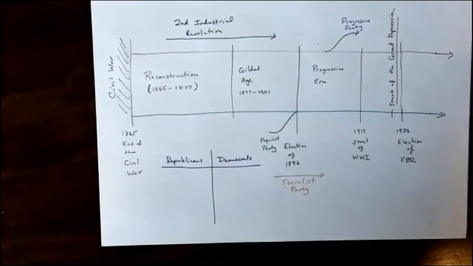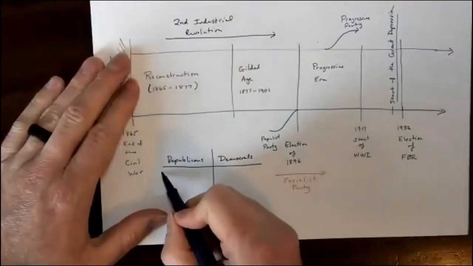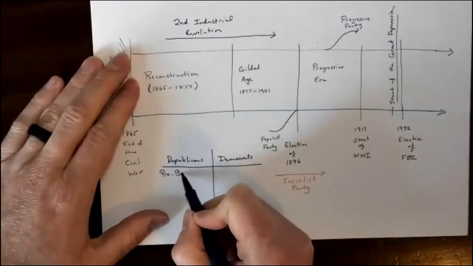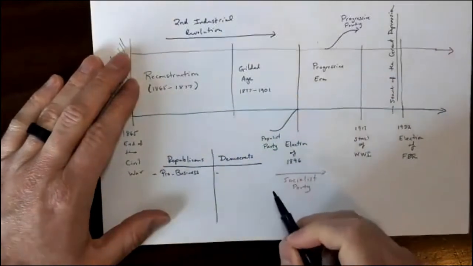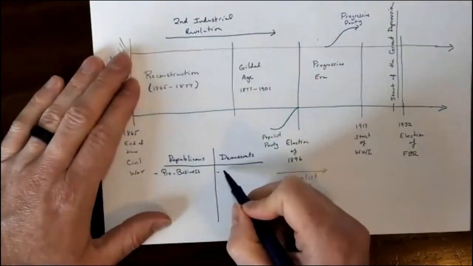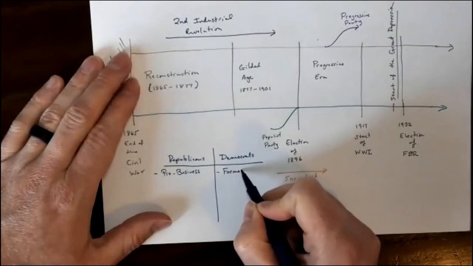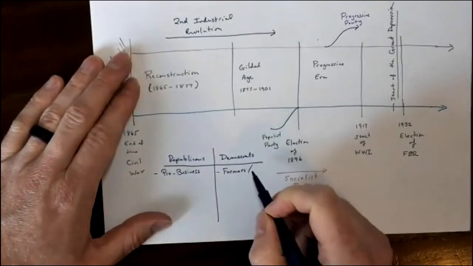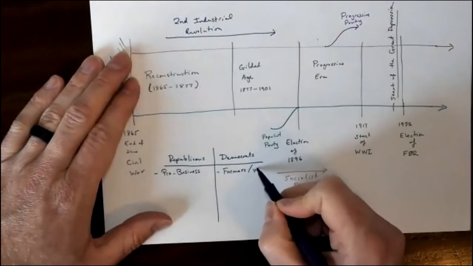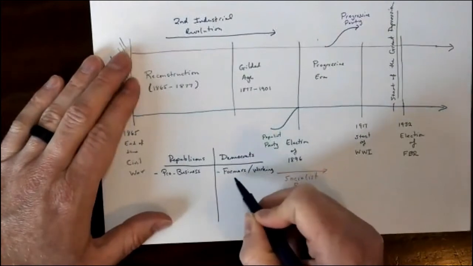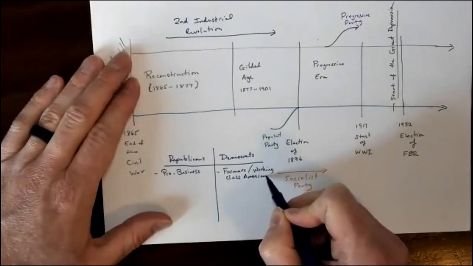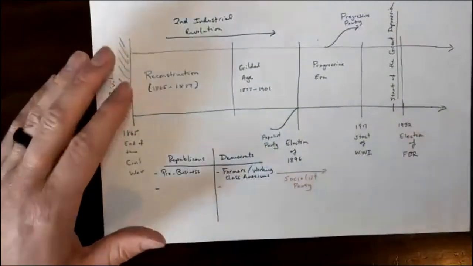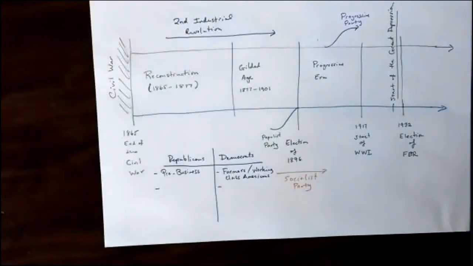So the Republicans are going to be pro-business, whereas the Democrats are going to remain largely for farmers. But they also start to emerge as the group for the working class. Okay, so that's one thing that defines these two during this era.